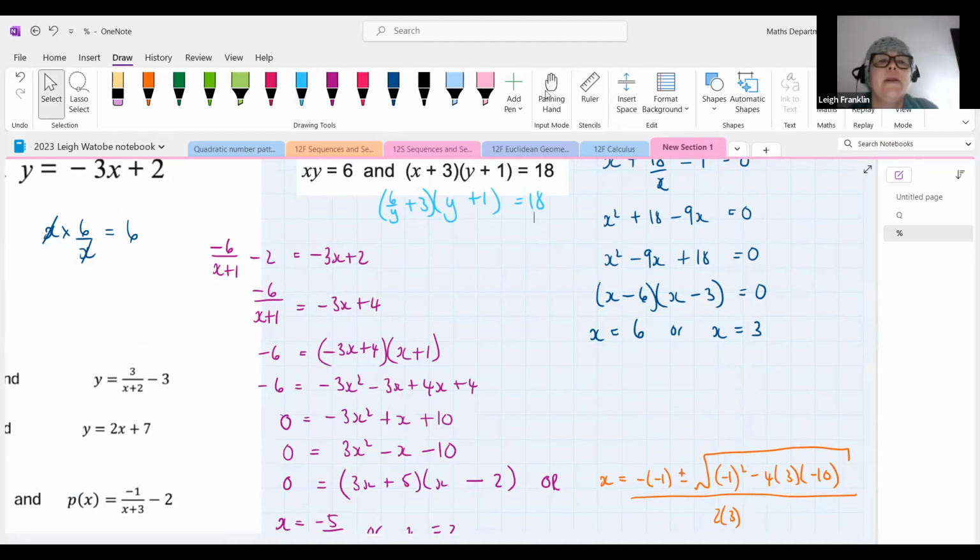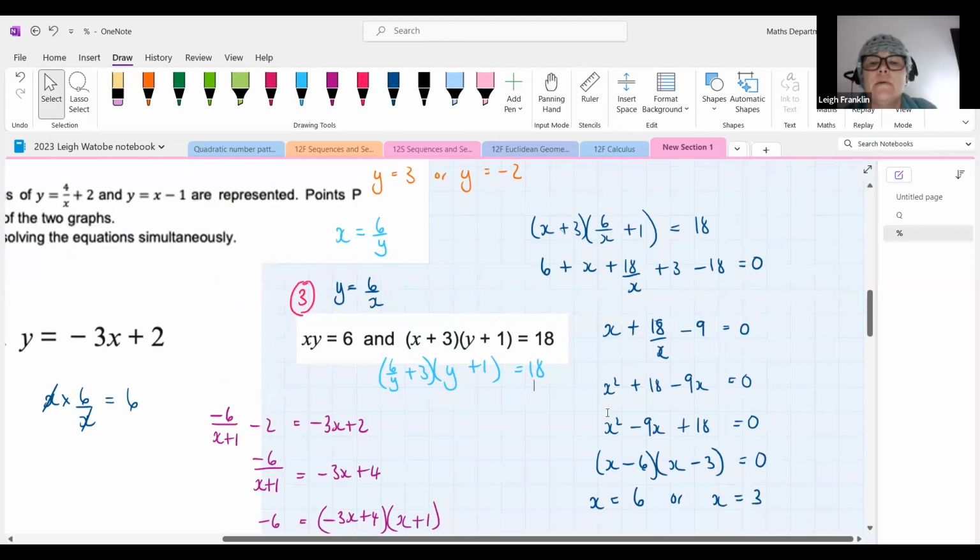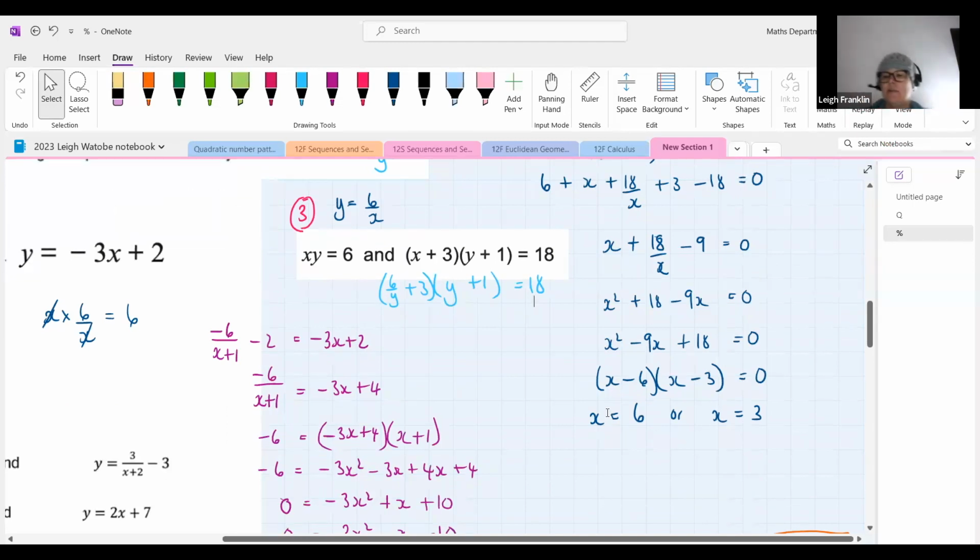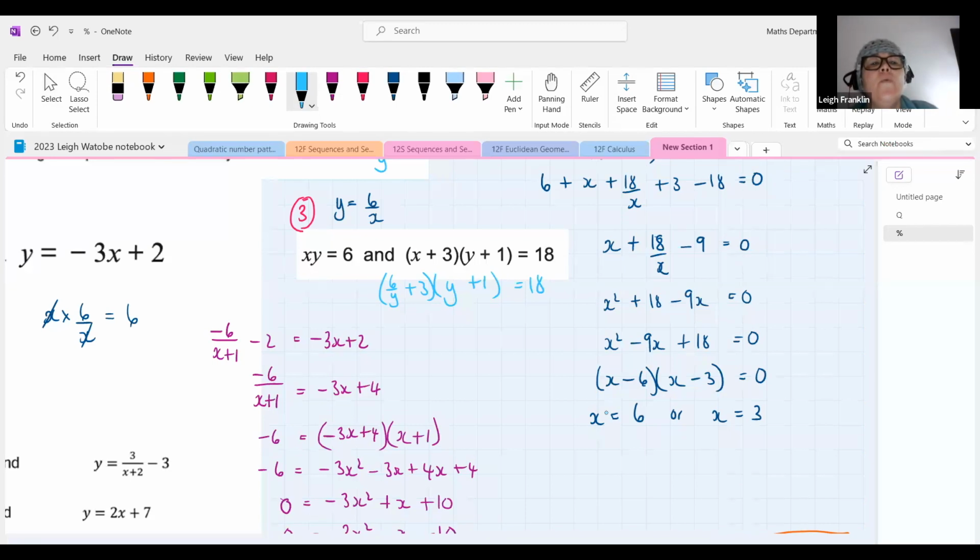And now that we've got our x's, we need our y's. Okay, so remember y was equal to 6 over x. So y would be equal to 6 over 6, so that would be 1. Or y would be equal to 6 over 3, so that would be 2.